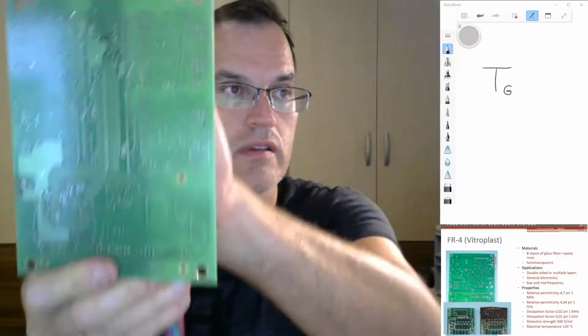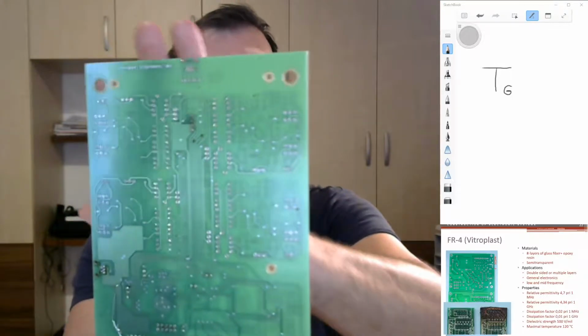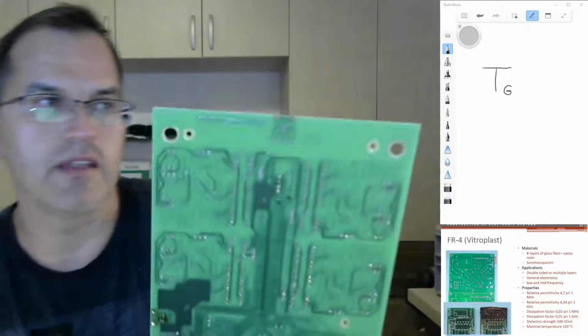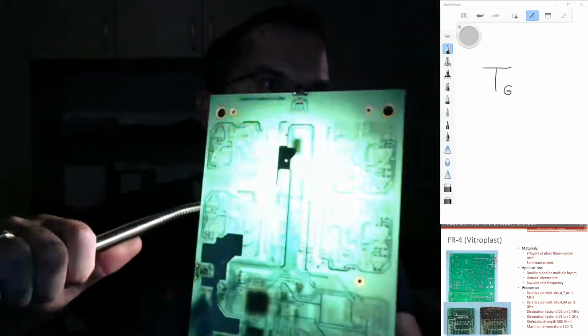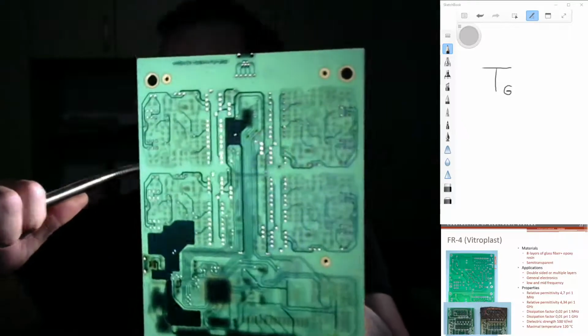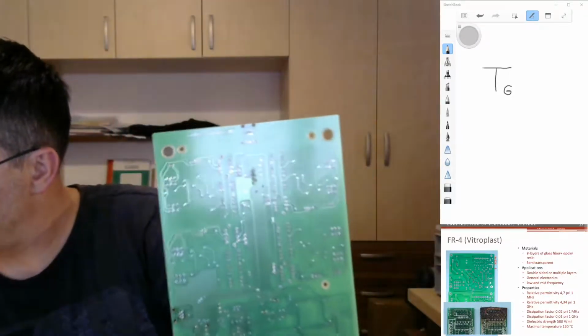If I put my hand here, you see the shadow of my hand. I can also shine some light through it, and you see both layers. Because it's made of glass fiber and epoxy resin, it's semi-transparent, which is quite good, isn't it?